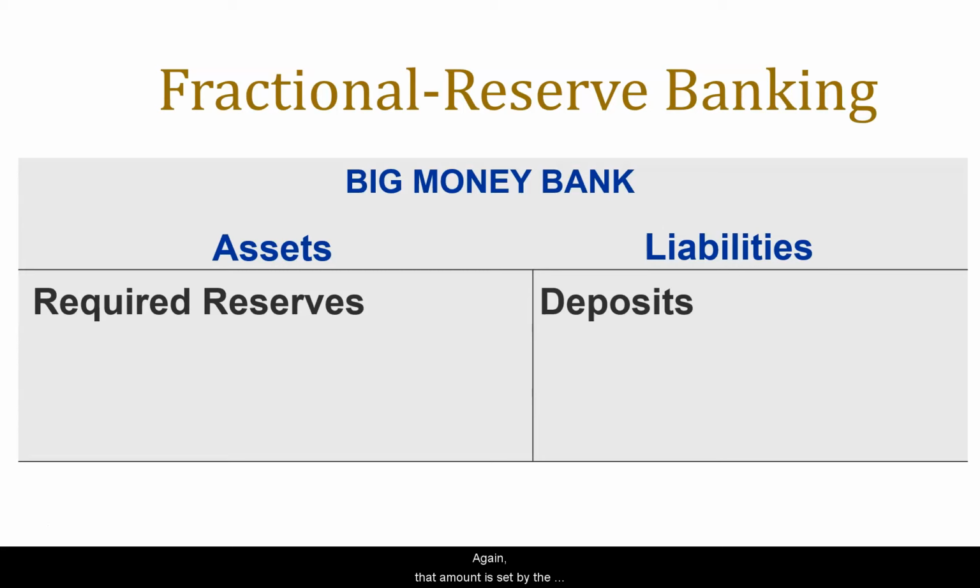Again, that amount is set by the Federal Reserve. Required reserves is also referred to as the reserve ratio because it represents the amount that banks must hold in their vault or send to the Fed by law.